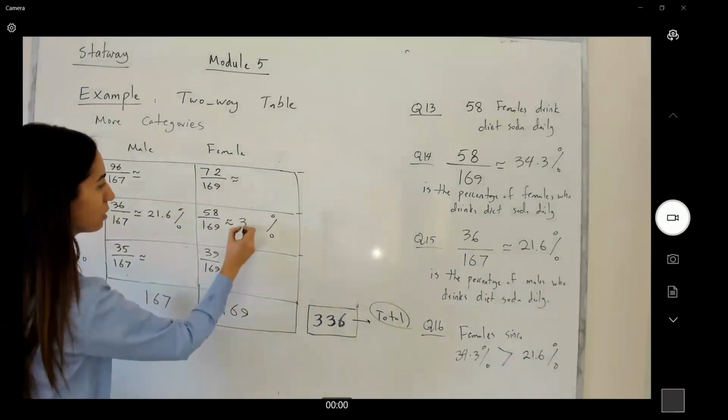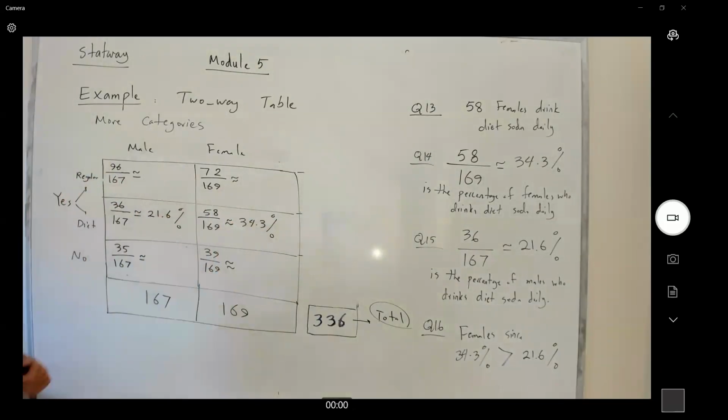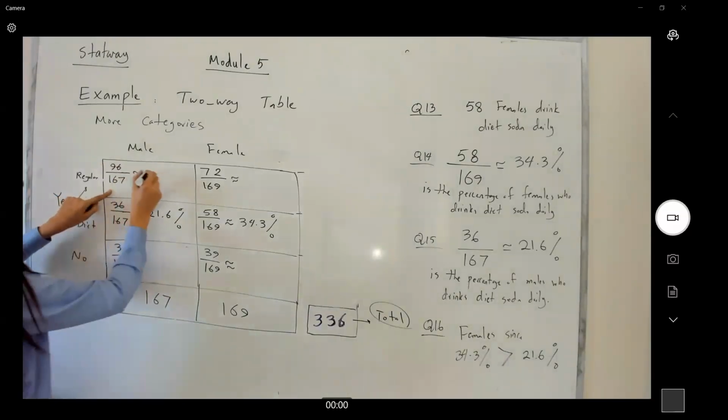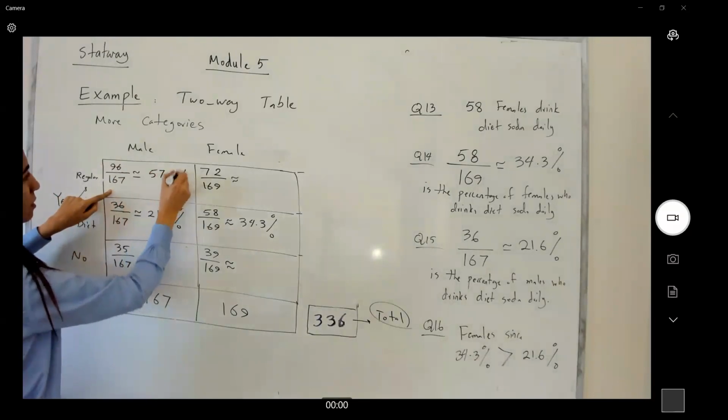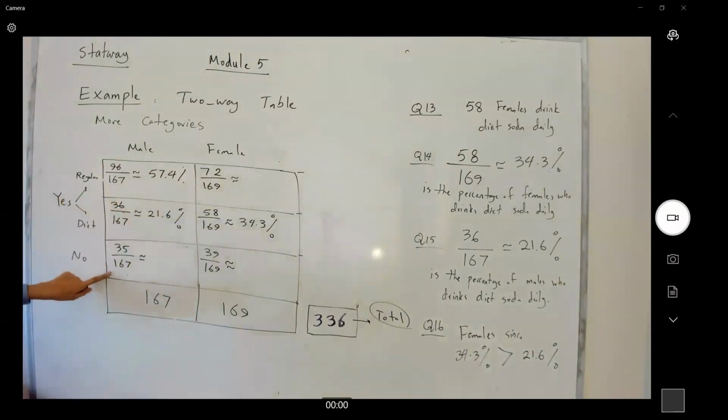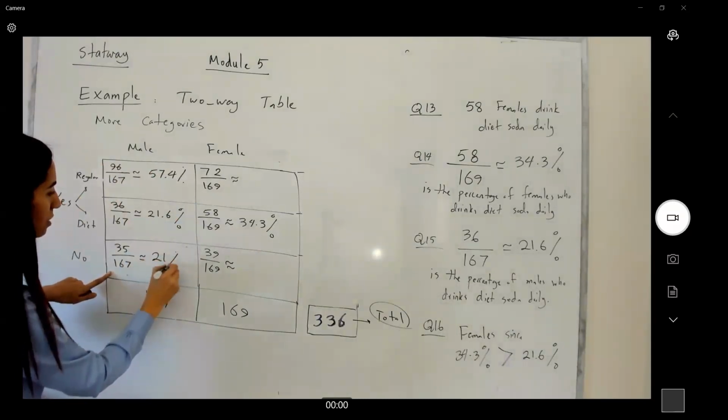And 34.3. So 96 divided by 167 gives you 57.4%. And 35 divided by 169 gives you 21%.